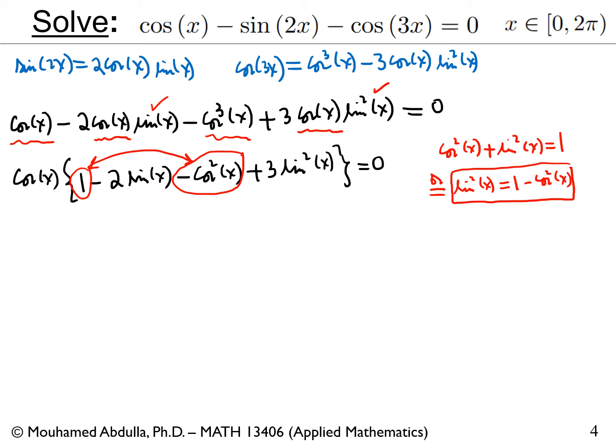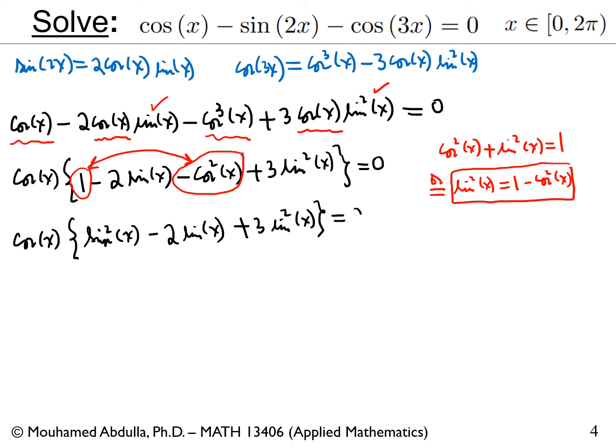So let's just do this change and see how it's going to look. We'll have a cosine of x outside. We keep it there. Instead of 1 minus cosine squared of x, I could simply write sine squared of x. I still have my minus 2 sine of x, and I still carry the 3 sine squared of x, and everything is equal to 0.